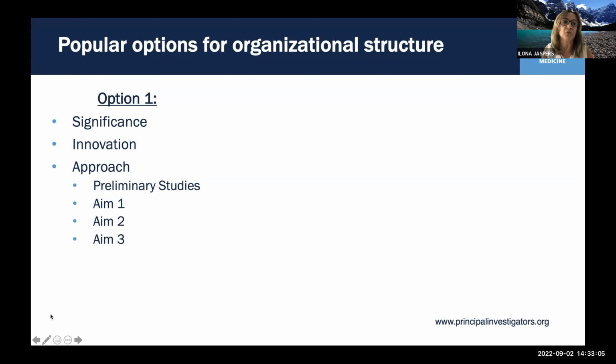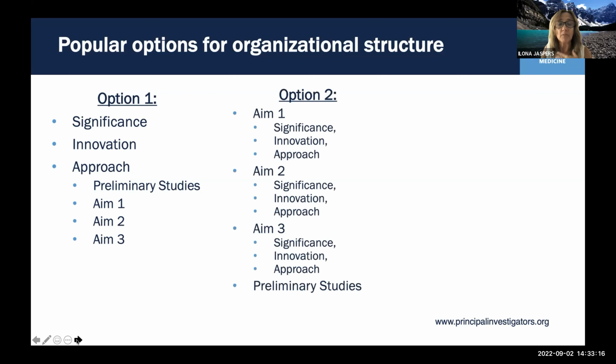So some people do significance, innovation, approach, and then the preliminary studies or preliminary data first, and then they describe aims 1, 2, and 3. Another option is to have it by the specific aims, and then the preliminary studies afterwards or ahead of everything else. So for each aim, you have a significance, innovation, and approach.